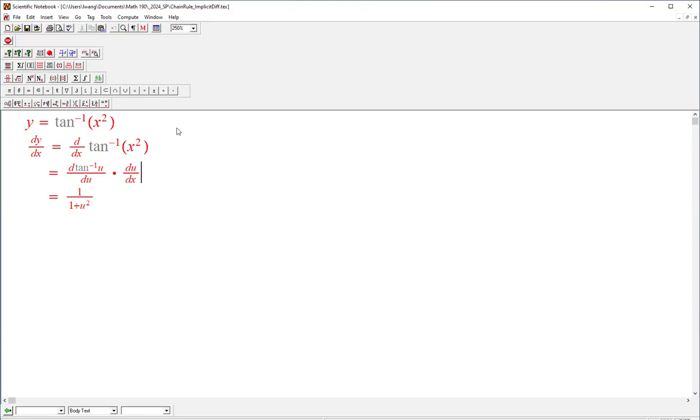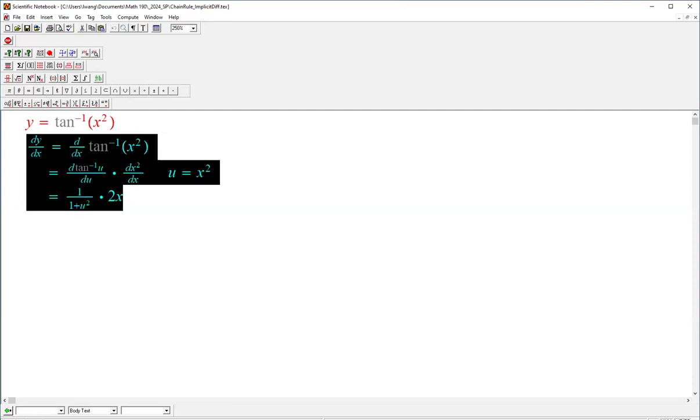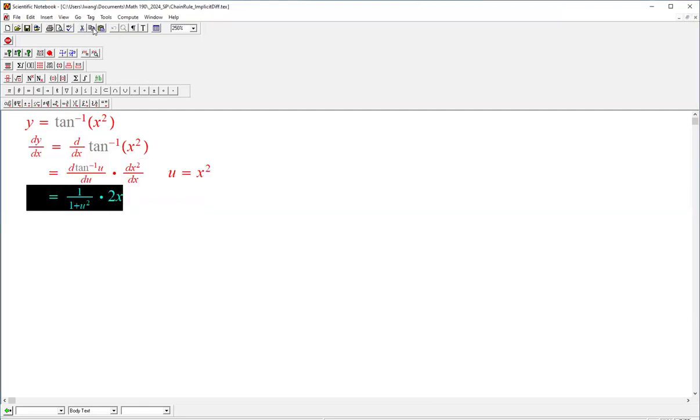Okay, so here you may like to note, or it's not really necessary, but it's for future reference, right? And du dx is going to be the derivative of x squared. So the derivative of x squared is going to be 2x. Simplify and substitute u squared in terms of x.